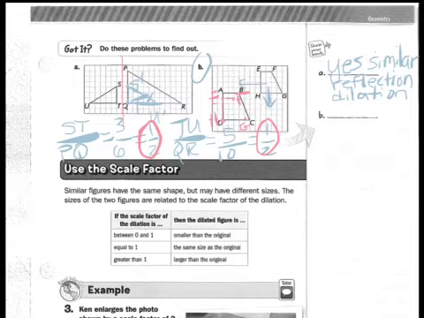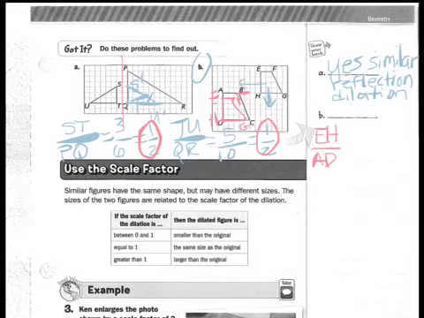So there's my trapezoid after I've translated it. And now I'm going to set up ratios of my side measurements to see if these side measurements have the same ratio. So let's start with our smaller trapezoid, and let's put EH over top of AD.